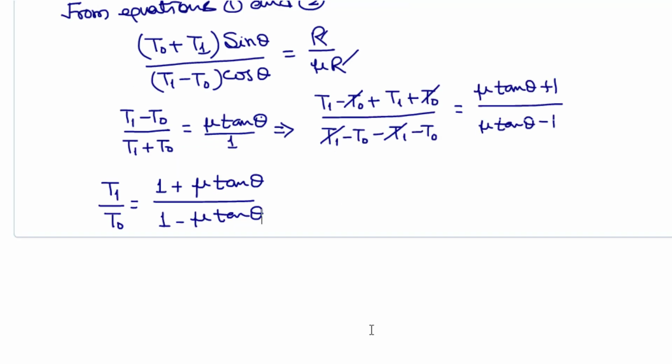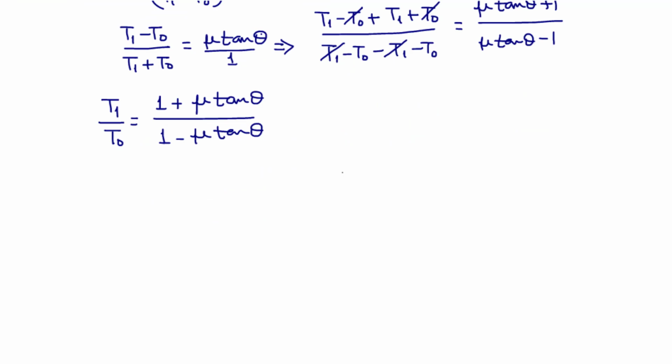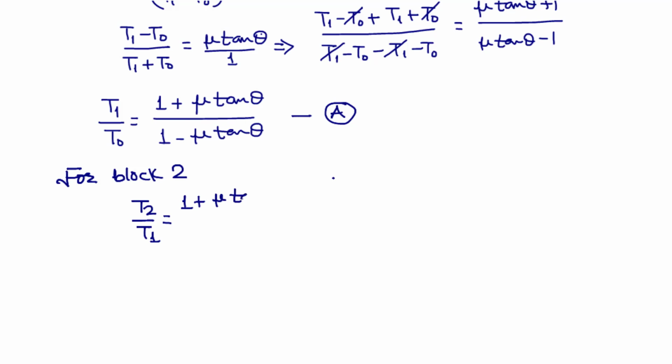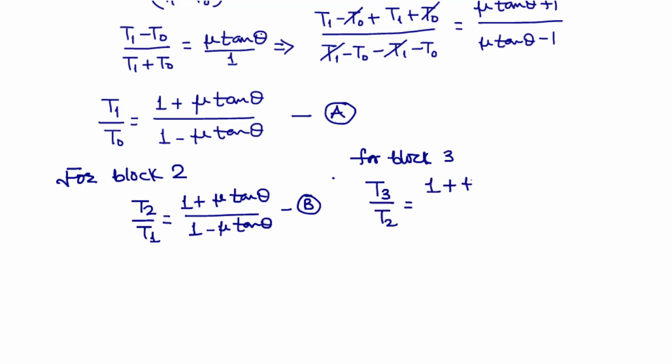Similarly, for block 2, T2 upon T1 equals (1 plus mu tan theta) upon (1 minus mu tan theta), equation B. Similarly, for block 3, T3 upon T2 equals (1 plus mu tan theta) upon (1 minus mu tan theta), equation C, and so on.